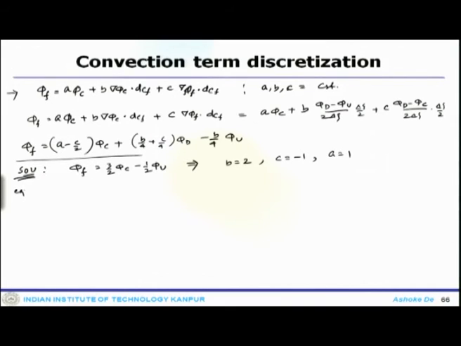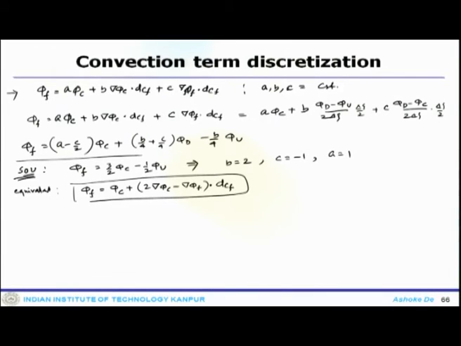So, the equivalent form of the SOU scheme will be given as phi f equals phi c plus 2 delta phi c minus delta phi f dot d c f.